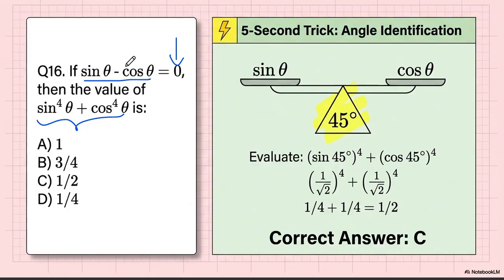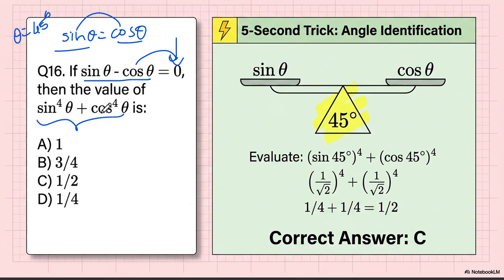So we know that if we take this minus cos theta to this side, we'll get sin theta is equal to cos theta, correct? And we know that sin theta and cos theta are equal at what angle? Theta is equal to 45 degree.